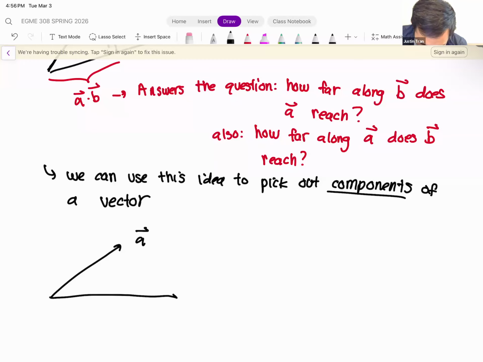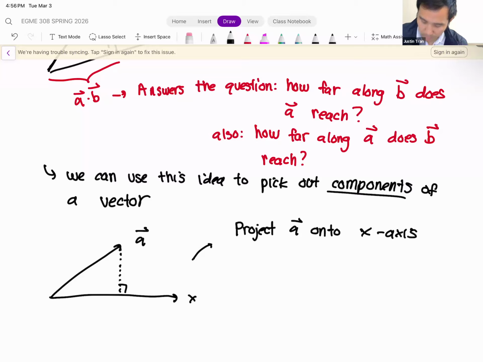So let's say we have our x-axis like this. We basically want to find out how far our vector A progresses along the x-axis.